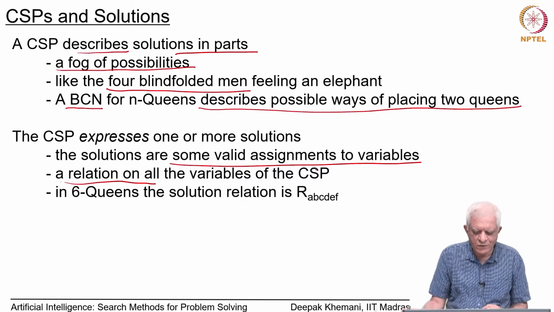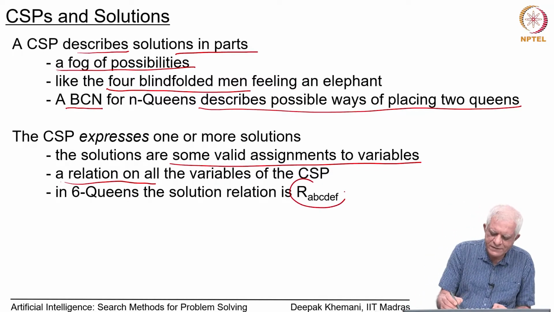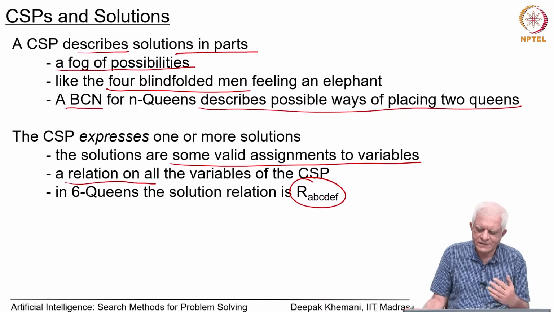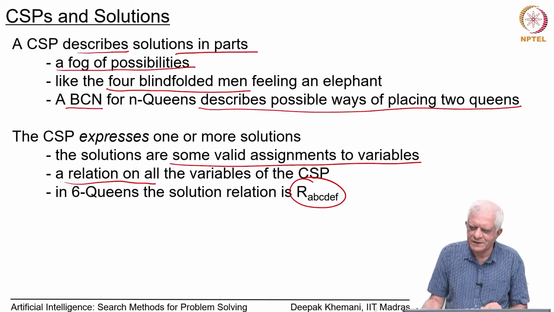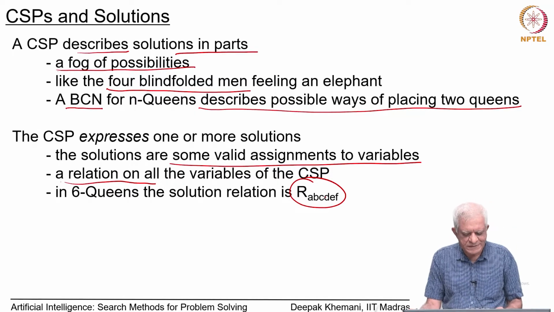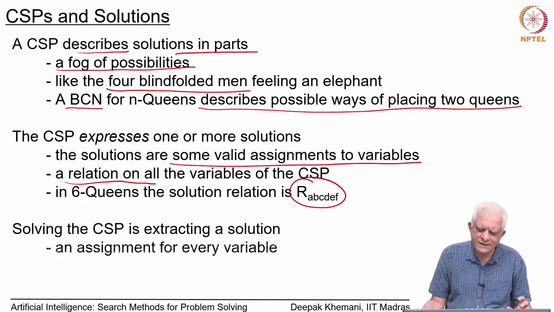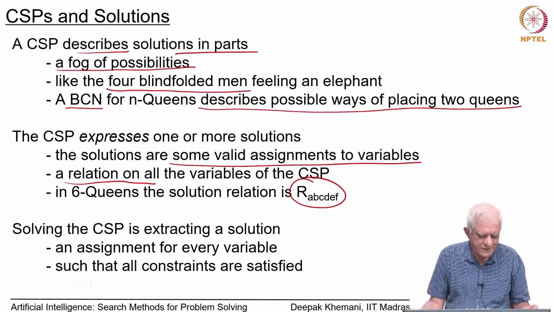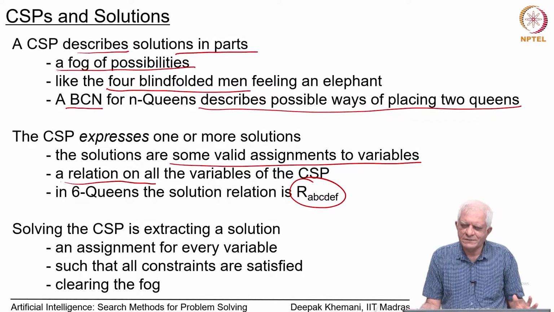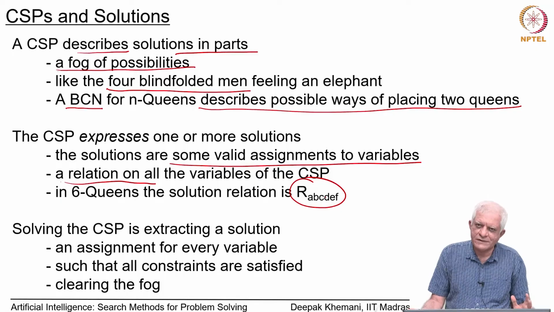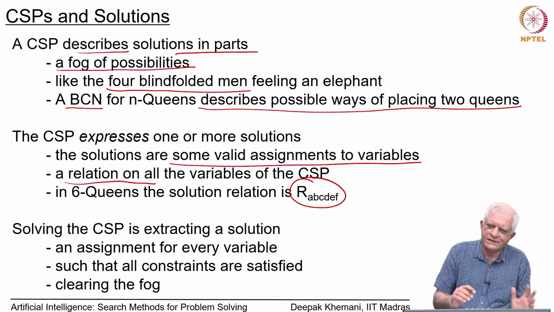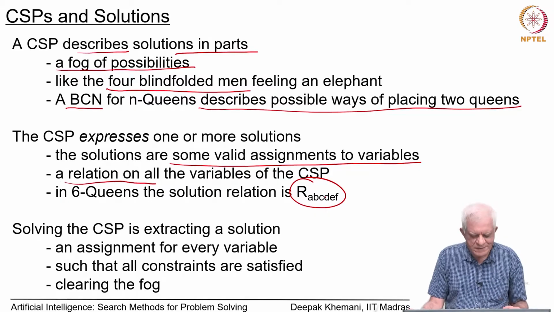We have said that it is called rho, and in the 6 queens problem that we just described, it is the relation on the 6 variables, which we will call A, B, C, D, E, F. And what is the task? Solving a CSP means extracting a solution from all that set of possibilities, which means an assignment to every variable such that all the constraints are satisfied. You can think of it as clearing the fog and getting to see the solution.